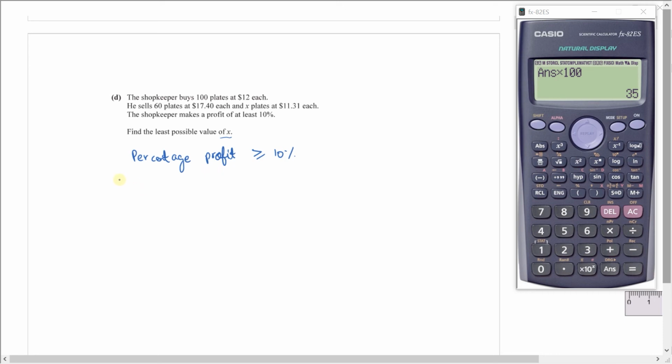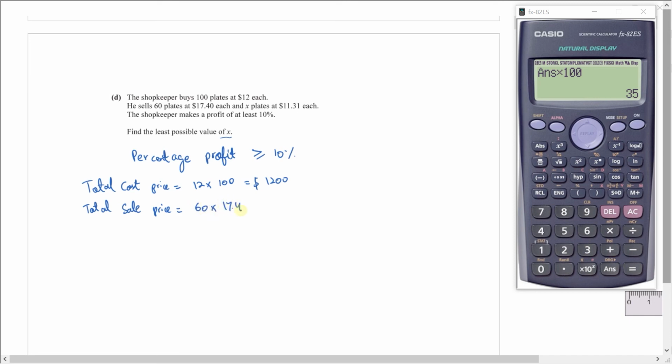So let's start with the cost price first. So cost price is how much he buys 100 plates at $12 each. So total cost price, you can say, is 12 into 100, which is $1,200, right? And then the total sale price at which he sold the plates. He sold 60 plates for $17.40.